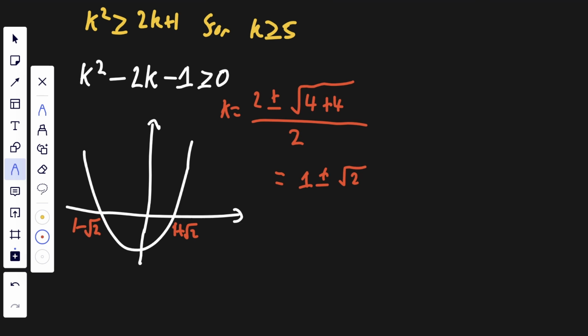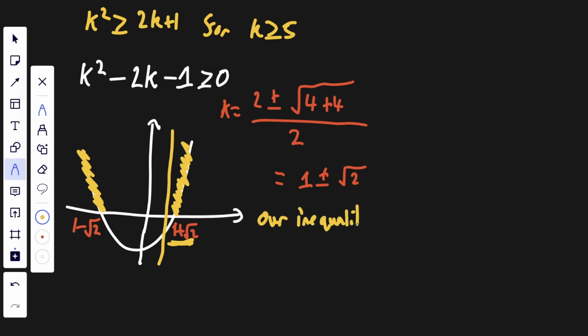Now, what does this tell us? It tells us this inequality is true when k is bigger than 1 plus root 2 and when k is less than 1 minus root 2. Now, we only care about this section. So our inequality is true for k bigger or equal to 1 plus root 2.